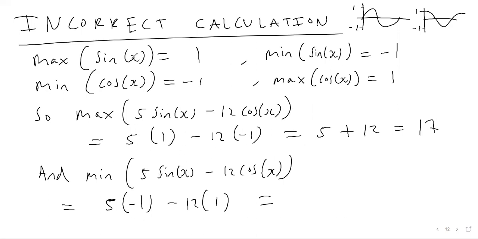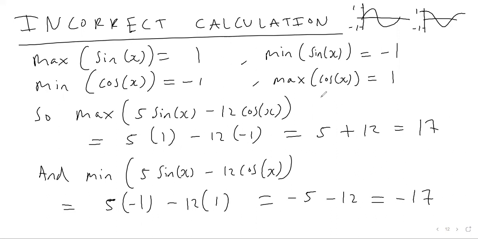So a student may say the minimum of sin x is -1, and the maximum of cos is 1. The minimum value take away the biggest possible value gives me overall the smallest value. So this is -5, take away 12, so -17.